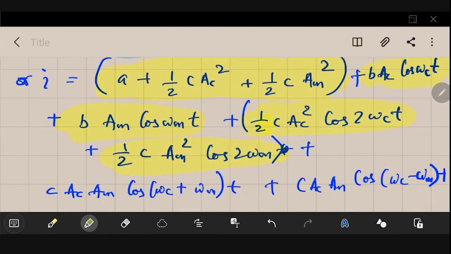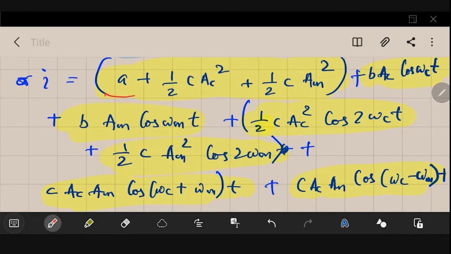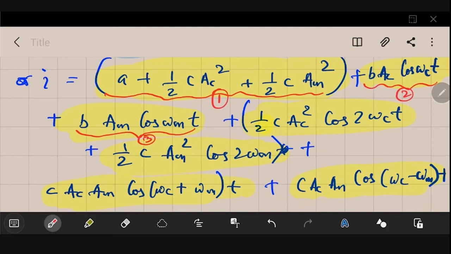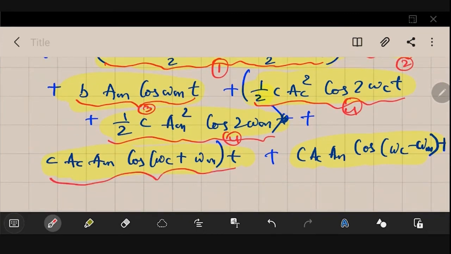The first group you see here, let it be group one, then group two, group three, and this one along with the other one is group four. Then this is five, and this is six.